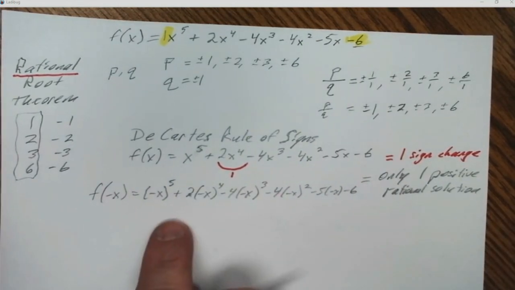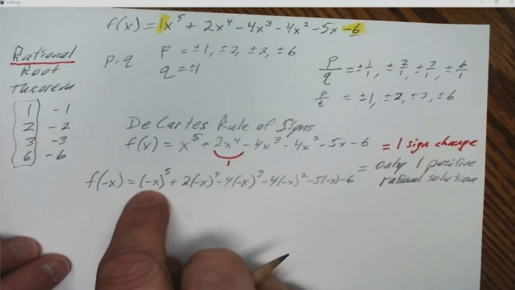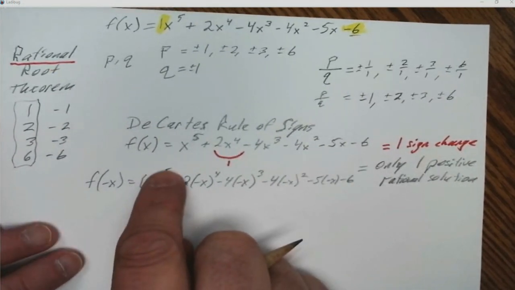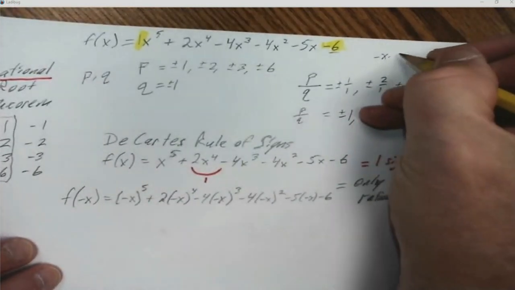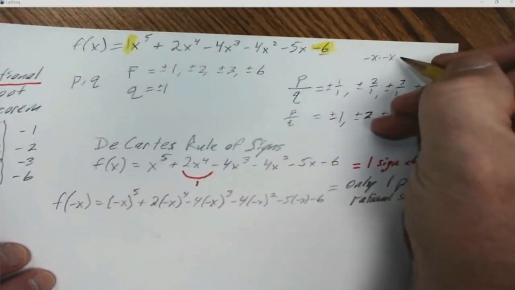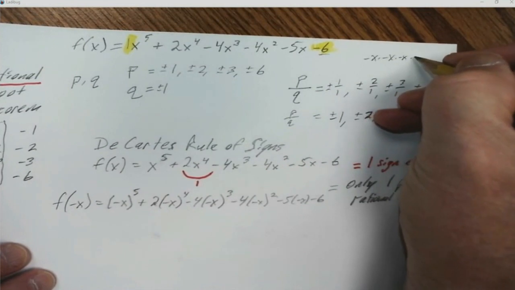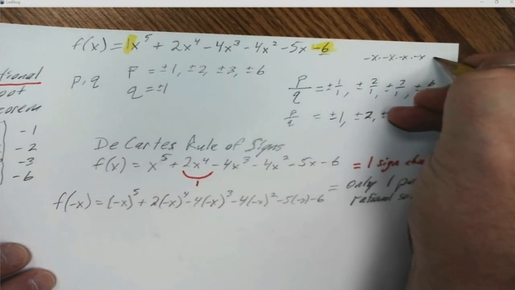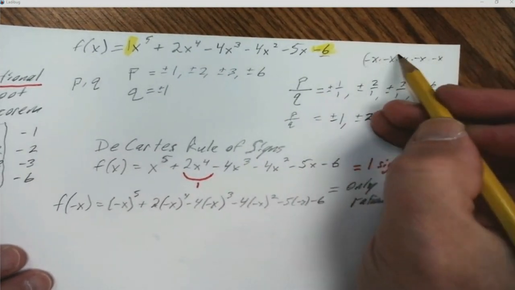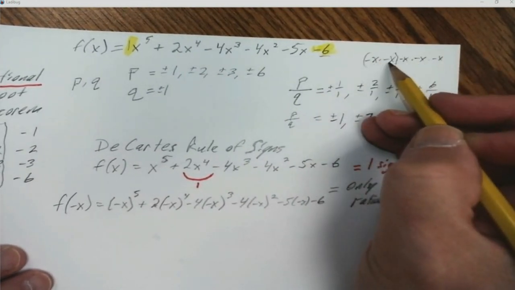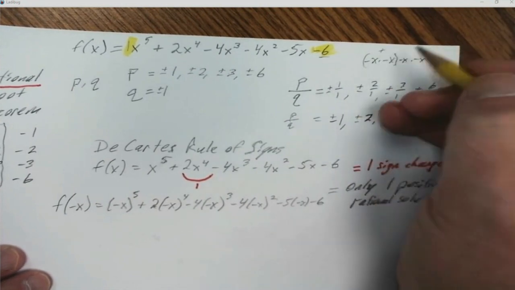Now we have to simplify that, of course. So negative x to the fifth power. So that's negative x times negative x times negative x times negative x times negative x. So what's that going to end up? Well, when you have 2 of them, negative x times negative x, that's going to be a positive, right? Because negative times negative.